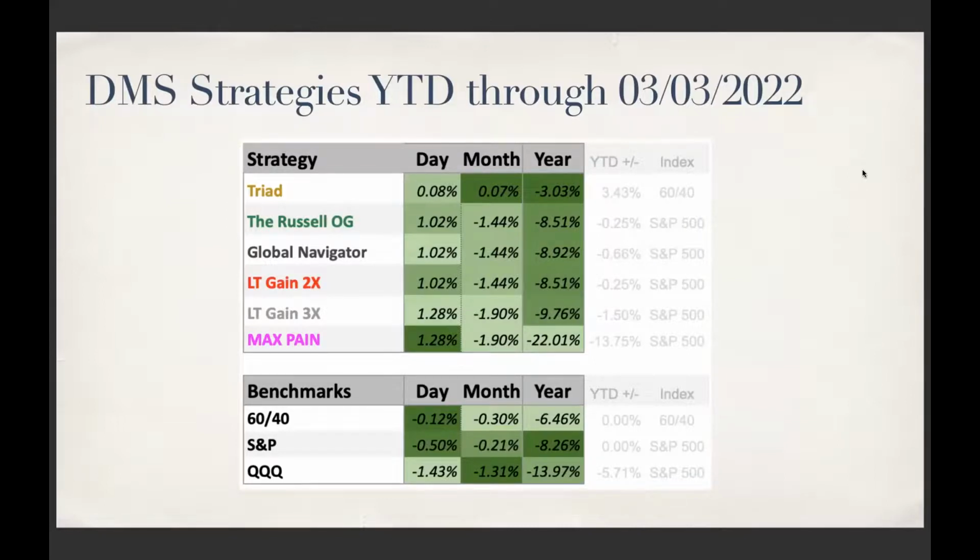Because the 3x is using EDV as opposed to TLT. Oh, right. I keep on forgetting. We've been in treasuries from February forward. Yes. So the 3x has seen a little worse performance because we've had a drawdown in the treasuries. Right. Absolutely correct. Got it. Thank you.